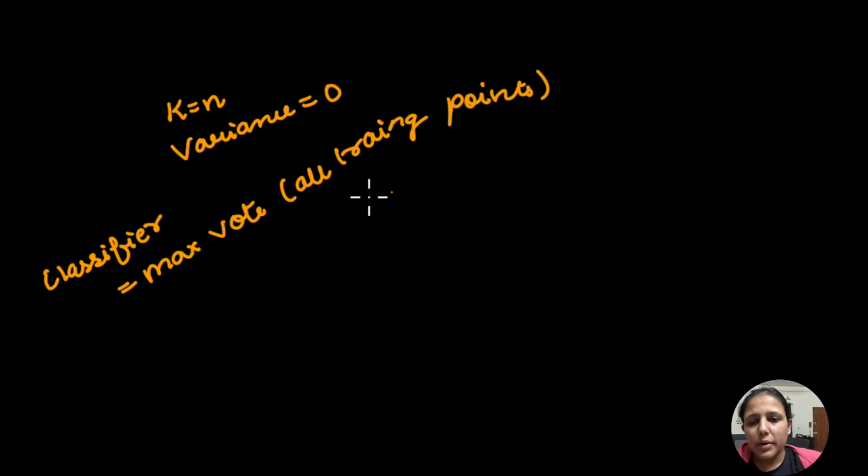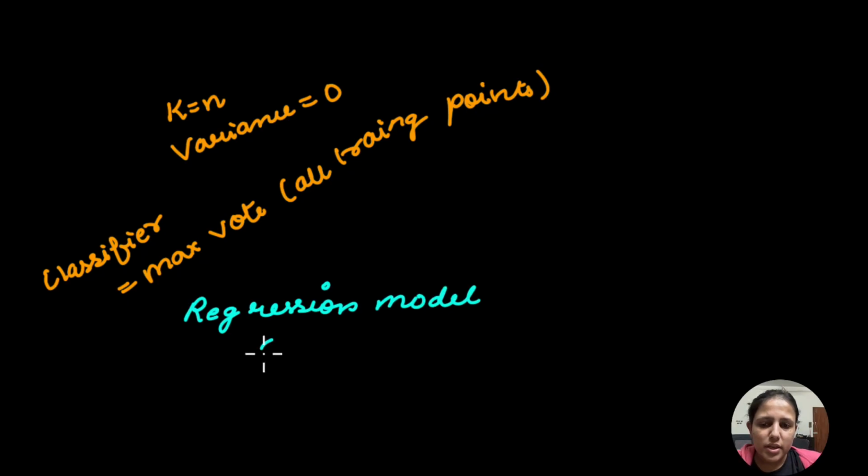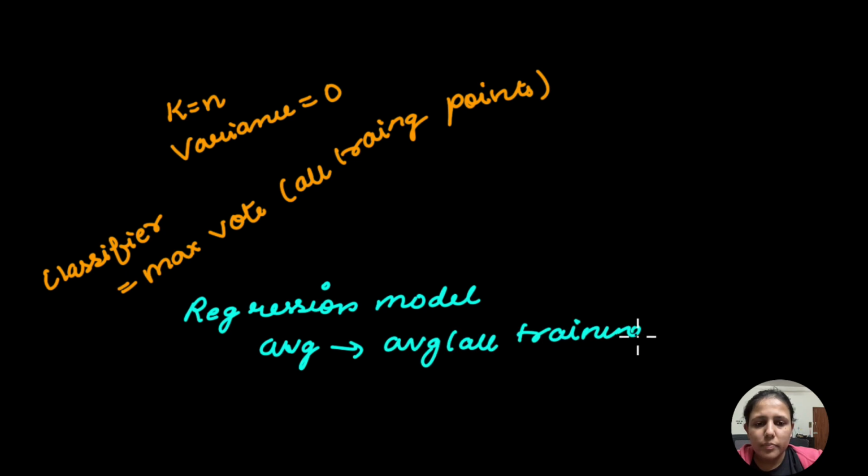But suppose it's a regression model, if you are using say the average metric, it'll just learn the average of all training points. Right? So it's a very simplified model.